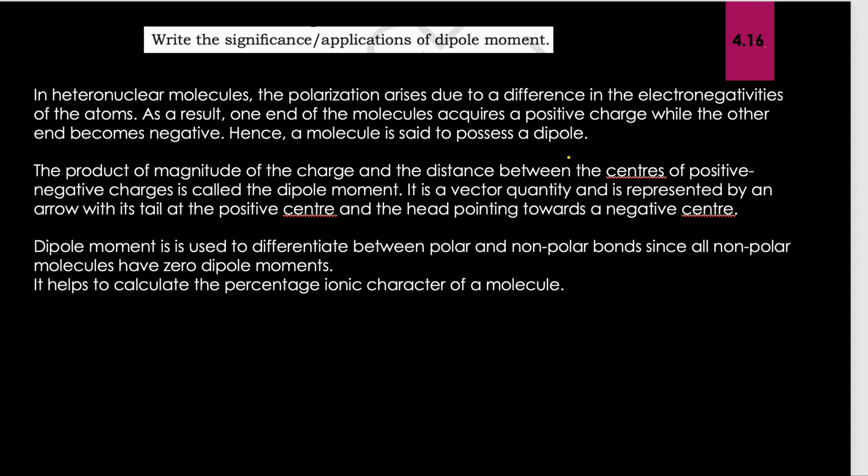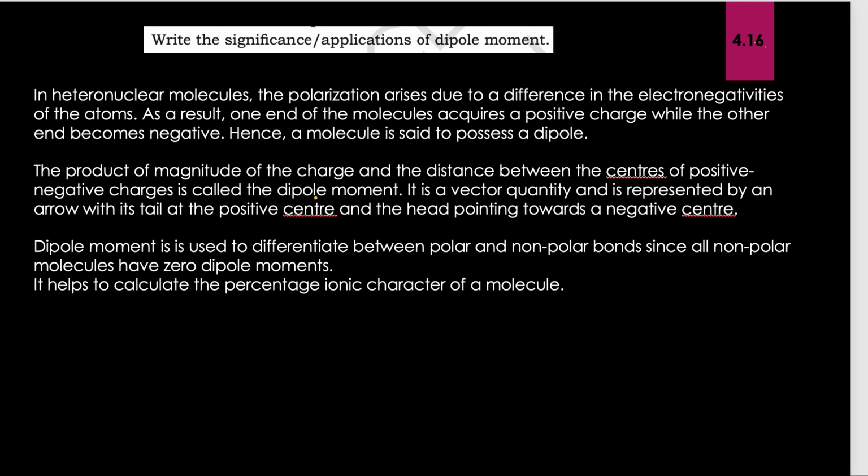Please remember that only when you have a heteronuclear molecule will you have polarization taking place, because the electrons are going to be pulled towards the more electronegative element, creating a positive charge and a negative charge. Now, the product of the magnitude of the charge and the distance between the centers of the positive and negative charges is called a dipole moment.